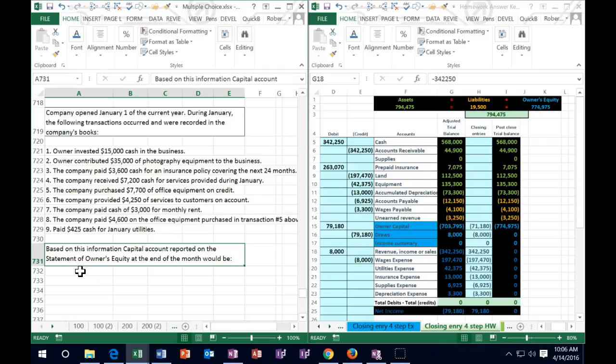So the goal, based on this information, is the capital account reported on the statement of equity at the end of the month. So they give us the beginning equity account. We need to get the ending capital account. So we can think of that basically as a T account. We can think about it as total equity or the ending capital account. That's going to be basically our T account.